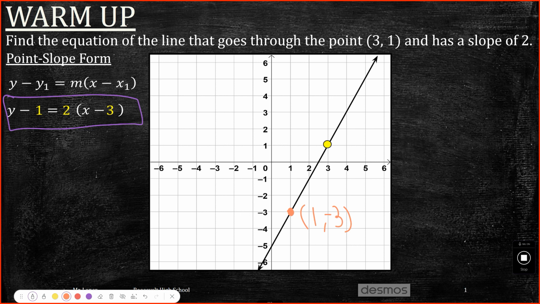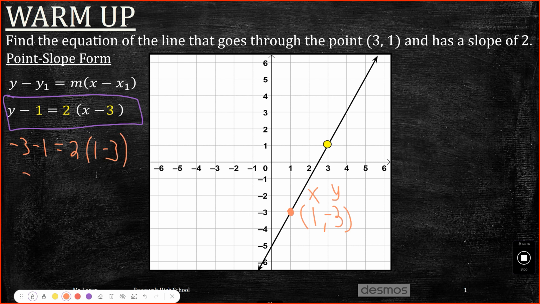I just chose that. I could choose an infinite amount of them, any point on the line. So these y and x's are variables now. This is x and this is y, and if I plug in y is -3 here, and I subtract 1, equals 2 times (x is 1, 1 minus 3). It better be true.